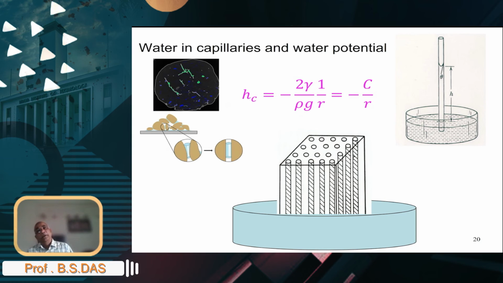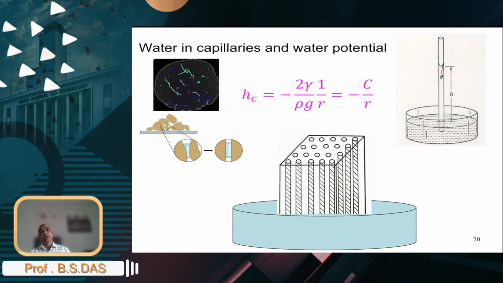All of these concepts that we are developing really apply to a single capillary tube. But as we have mentioned, soil is not a single capillary tube, rather it's a bundle of capillary tubes. So what you could do is, let this bundle of capillaries now be dipped into the water. Depending on the size of the capillary tube, water is going to rise into the capillary tubes differentially, right?